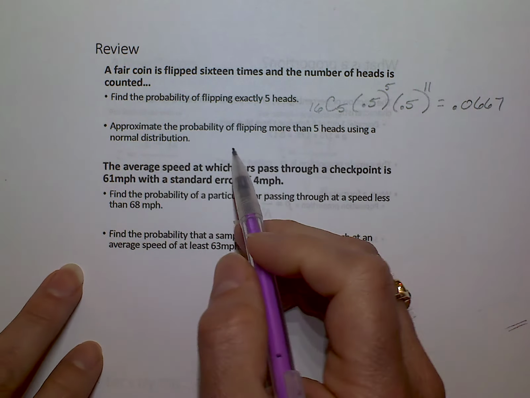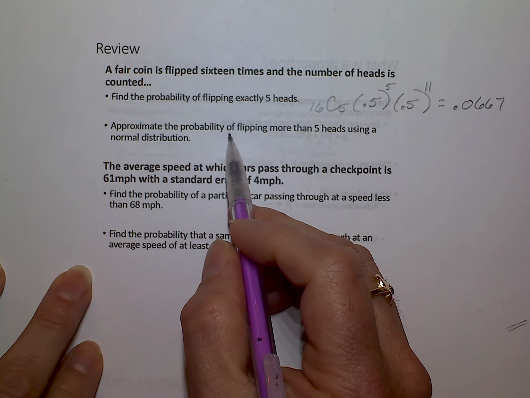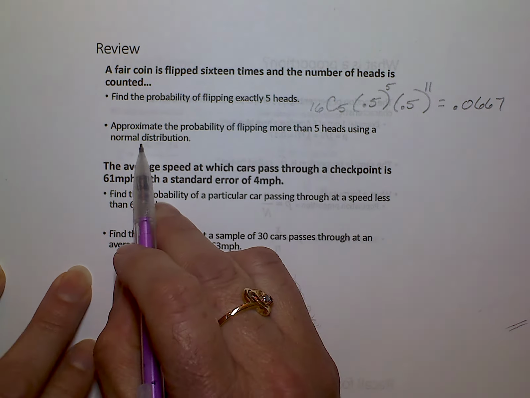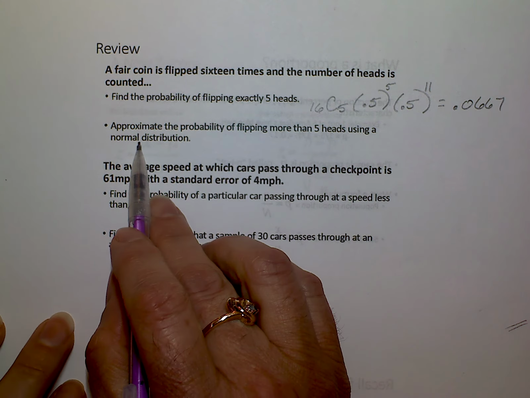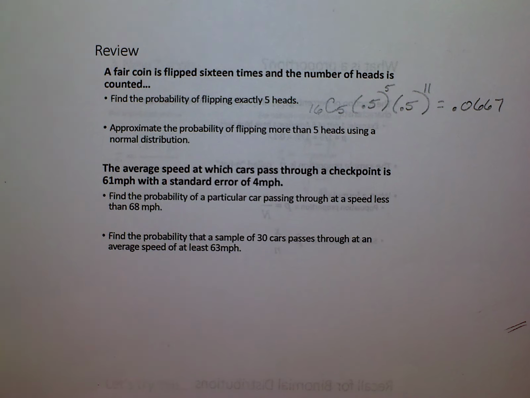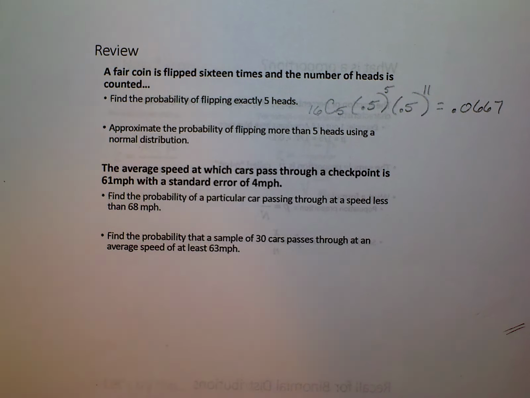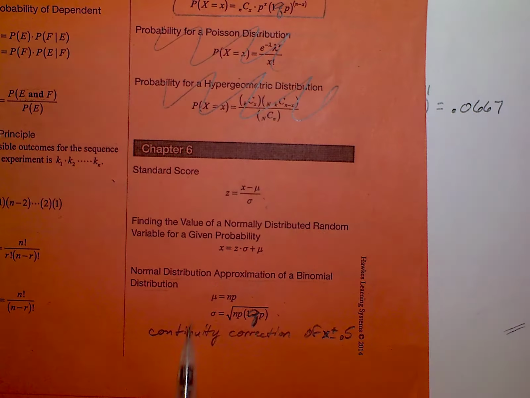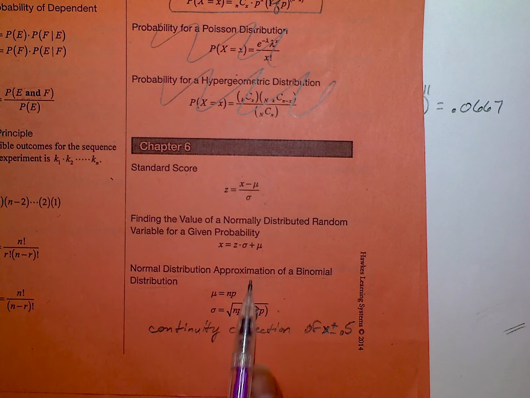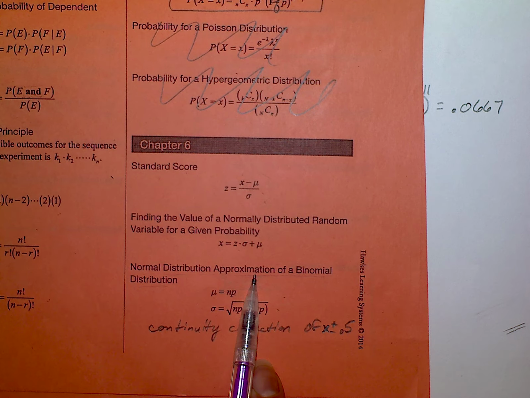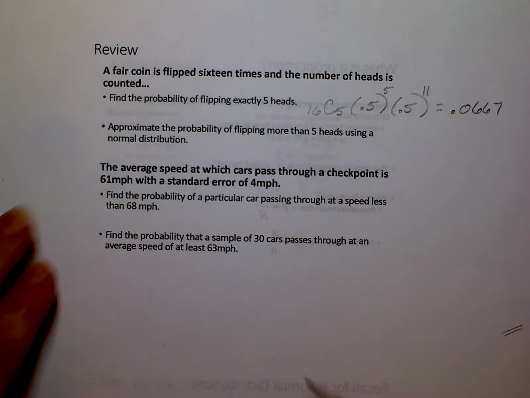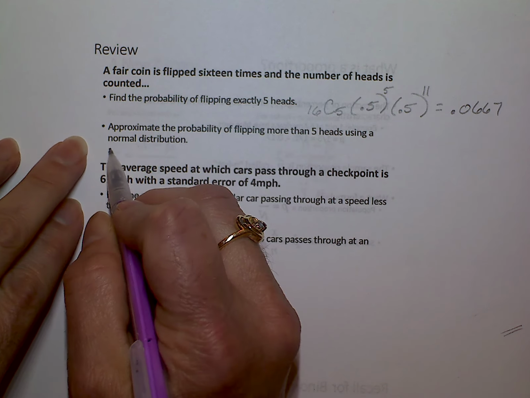Alright, the next one takes that and says, let's find the probability of flipping more than 5 heads using normal distribution. Why did I say using normal? Because this is binomial, so we're going to use our approximation method. That's this piece here, where we are approximating a binomial using normal. First of all, we have to decide on mu and sigma.